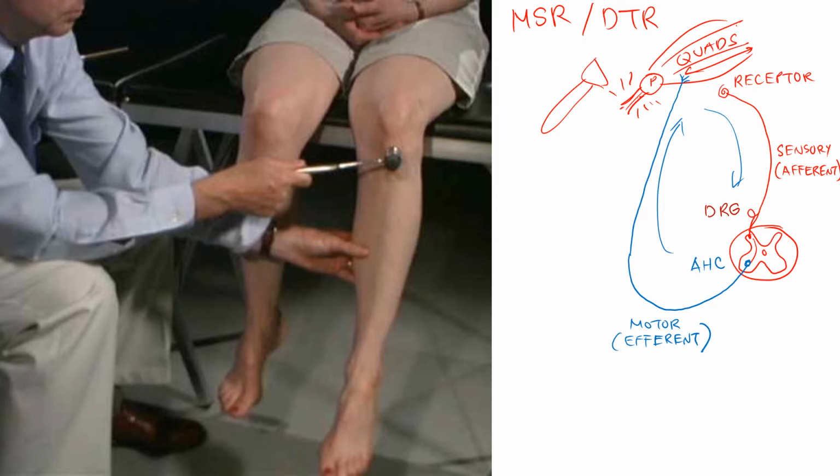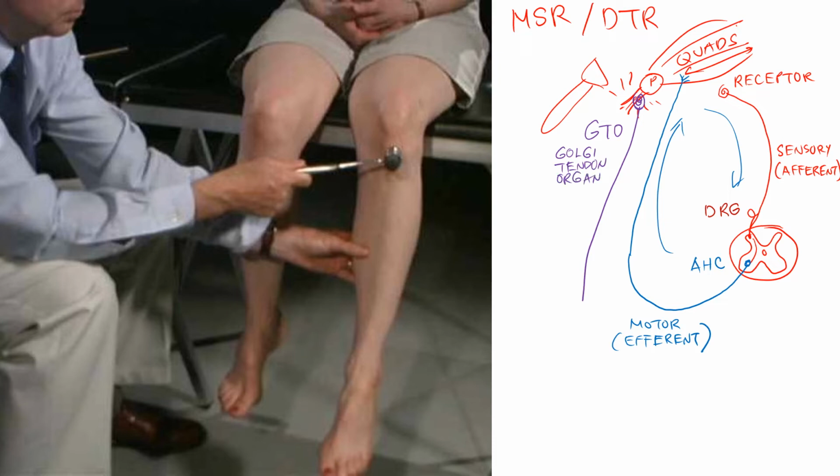That is a good question. The thing there is, you also have another receptor here in your tendons, and that is what we call your Golgi tendon organ.